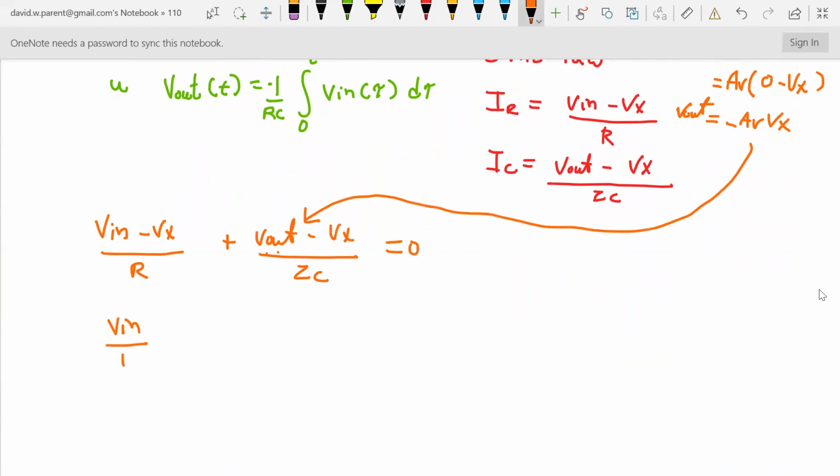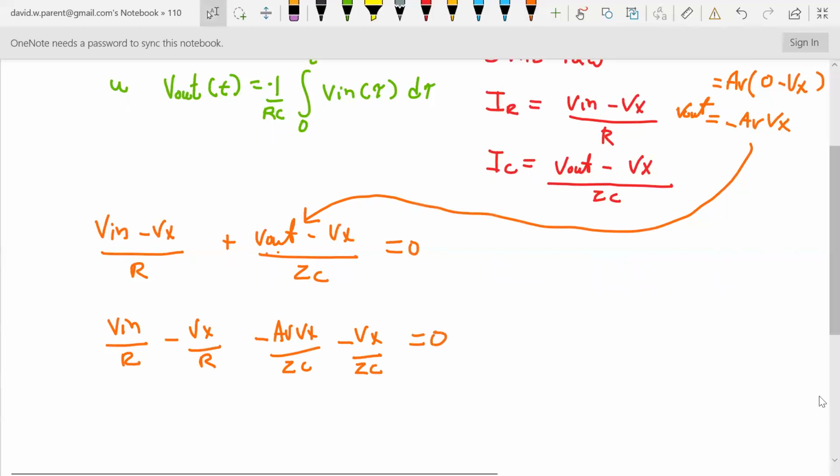And I'm just going to expand some things. So V out becomes minus AV Vx divided by Zc, and minus Vx divided by Zc equals 0. Okay. Let's rearrange that.